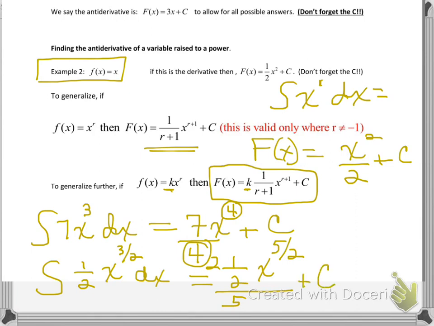Okay, so what's my final answer going to be? These 2's will cancel. I'm going to be left with x raised to the 5/2 over the 5 plus c. So that is your final answer.